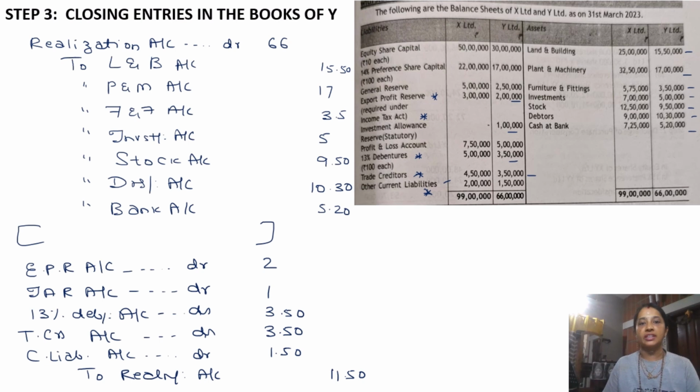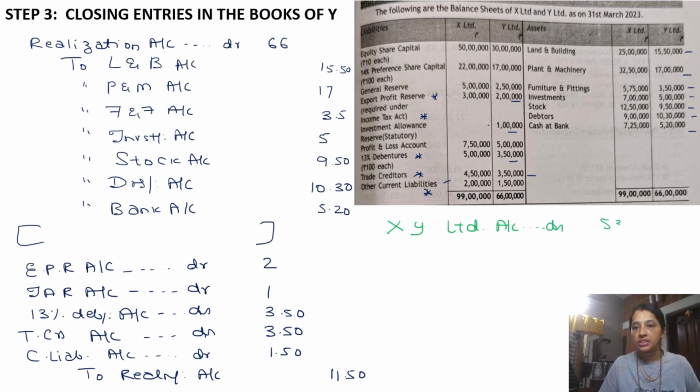Once you post the second entry, the next entry will be for purchase consideration due. Purchase consideration due entry will be, I will put this in green, XY Limited account debit. Amount will be the amount of purchase consideration.